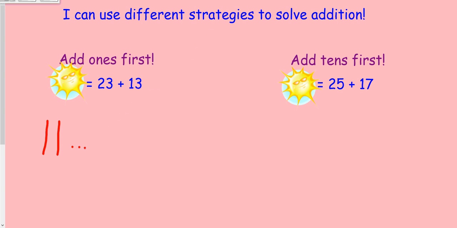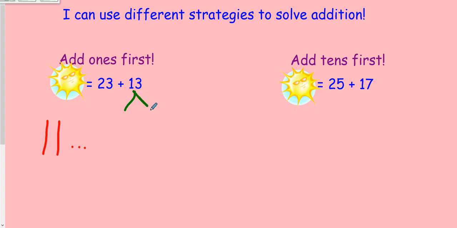Now, what is the part we're putting together with 23? 13. Our strategy is to add the ones first. In order to do that, though, we need to think about the tens and ones in 13.